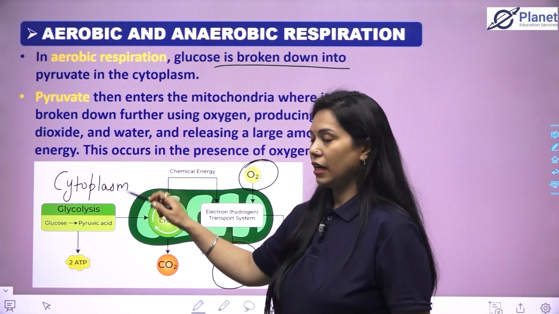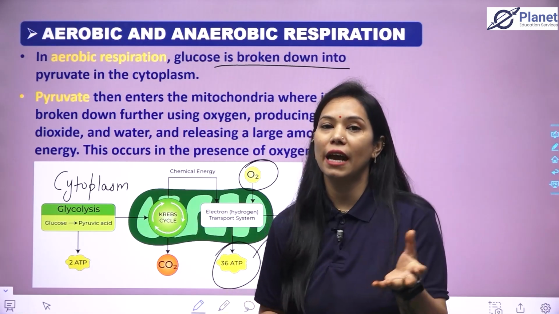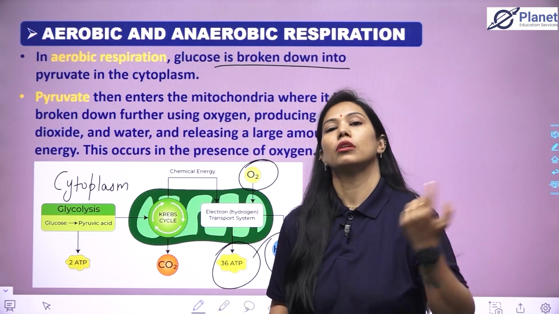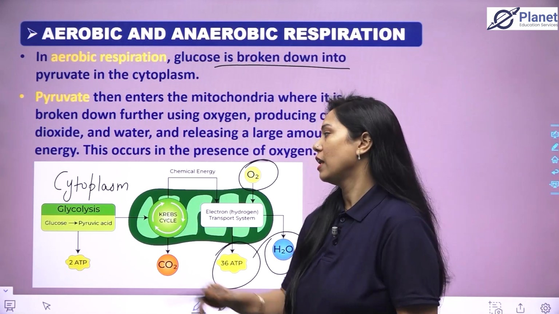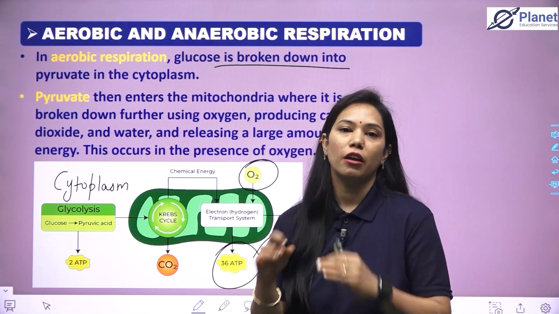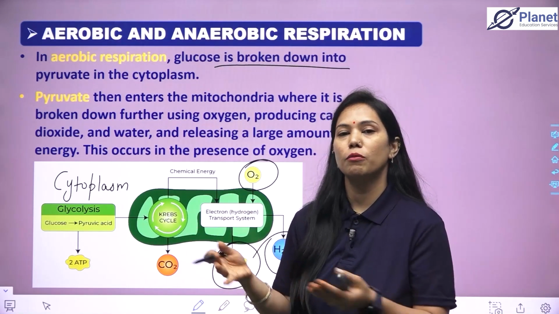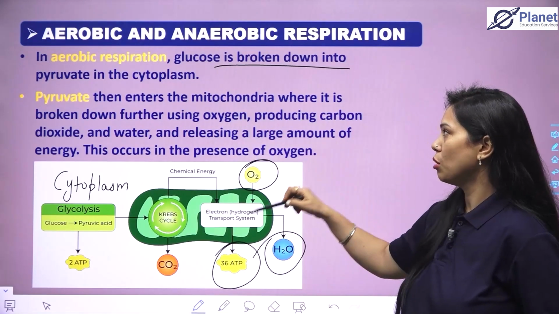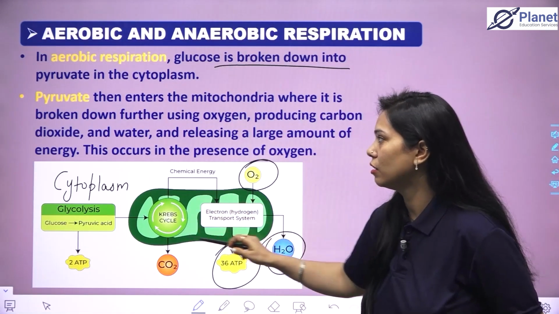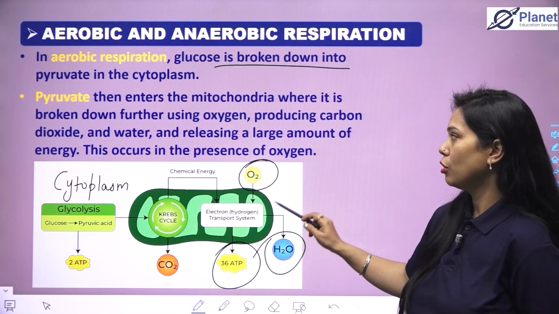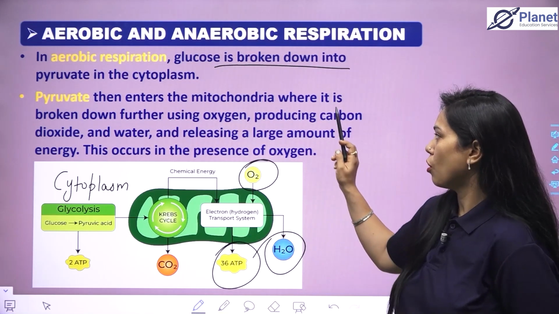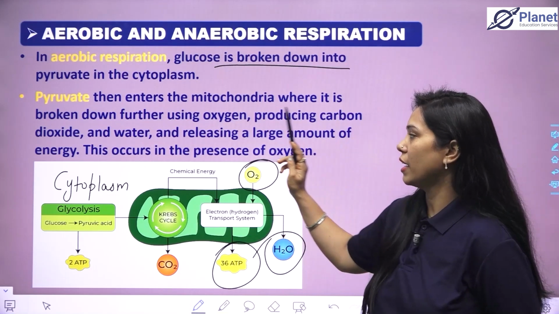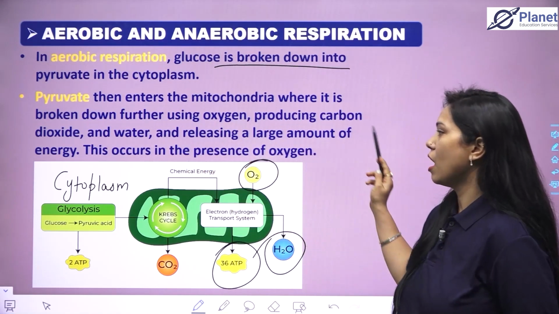After this, if pyruvate gets oxygen, gets the air, then it goes into the mitochondria. If it does not get the air, then the fermentation process occurs. So pyruvate enters the mitochondria, where it is broken down using oxygen, producing carbon dioxide, water, and releasing a large amount of energy.